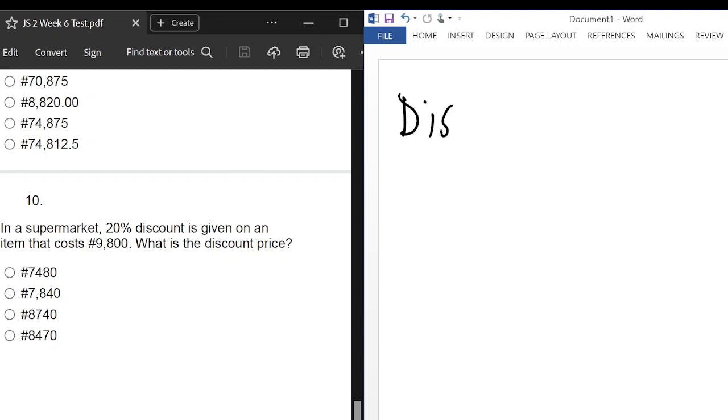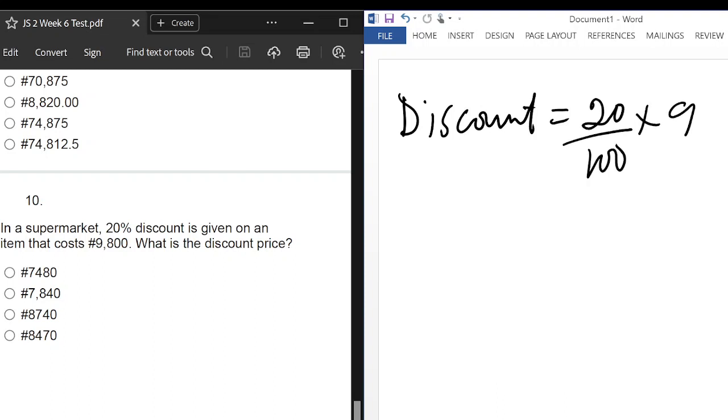The discount will be 20% of 9,800. So 0 cancels 0. So that is 20 multiplied by 98. That gives 1,960.